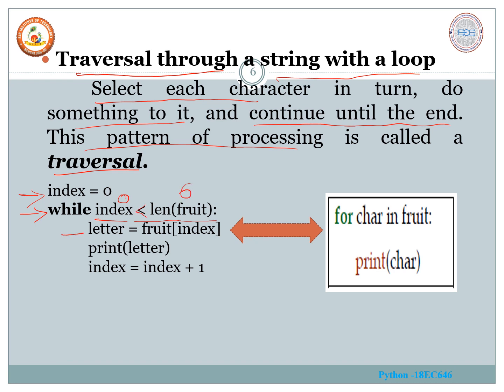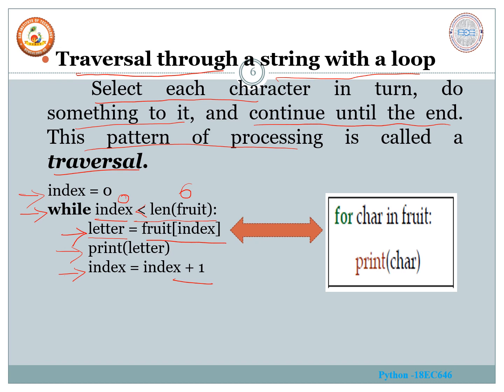What it does is get that index position, that is fruit of index, and the value at the indexed position will be taken to a variable called letter, and that will be printed. Again, to get the second letter you are going to increment the index value by 1, and this is going to perform some operation like printing the letter every time.